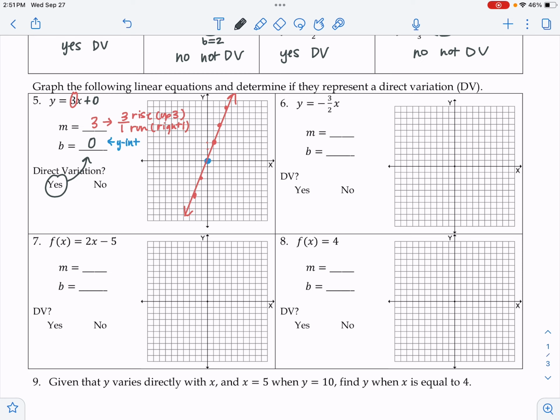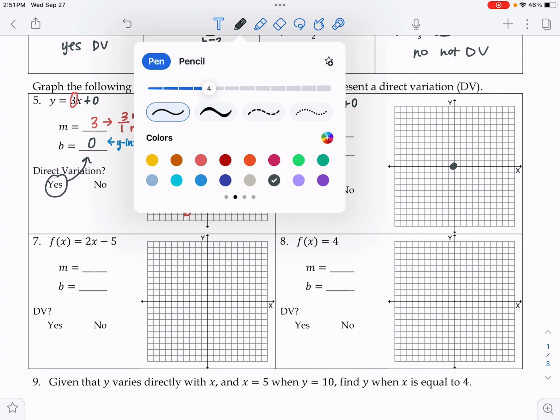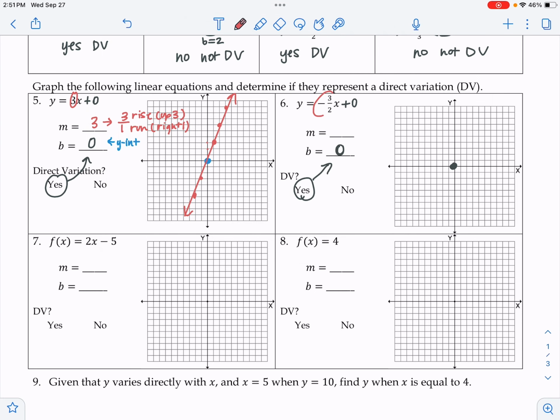Okay, same with number 6. We don't see a b value, and so this is a direct variation. Our y-intercept is at (0, 0). And this time our slope, or our constant of variation, is -3/2. Whenever you have a negative slope, I like to move the negative to the top.